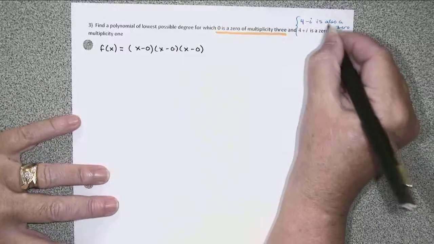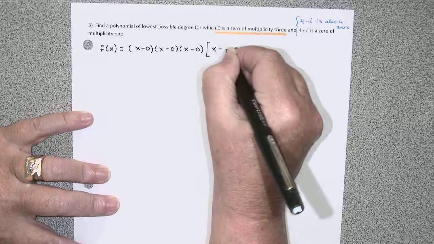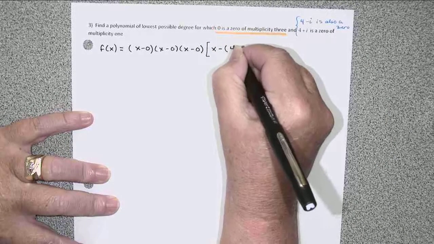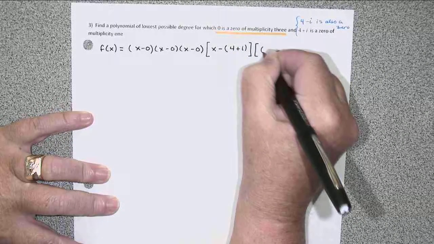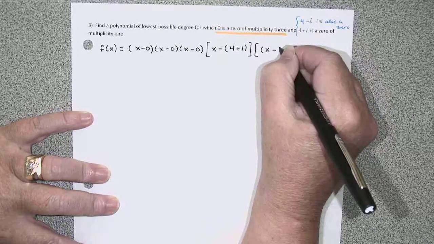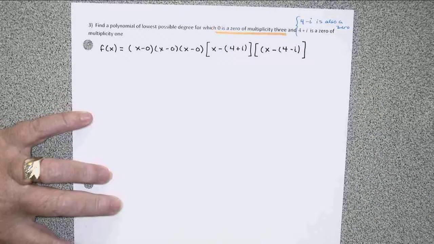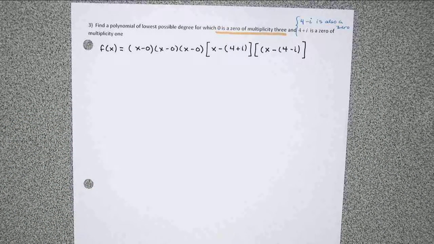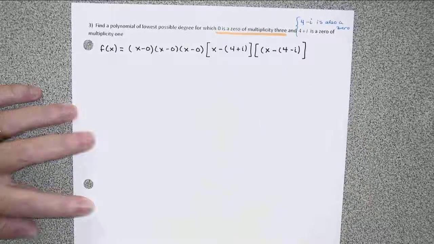Then, my conjugates, I would have x minus 4 plus i. And I would also have x minus 4 minus i. That way we'll get 0 3 times, 4 plus i once, and 4 minus i once.